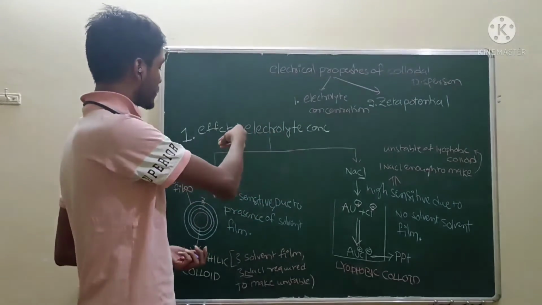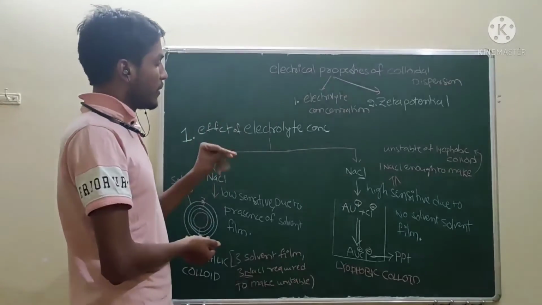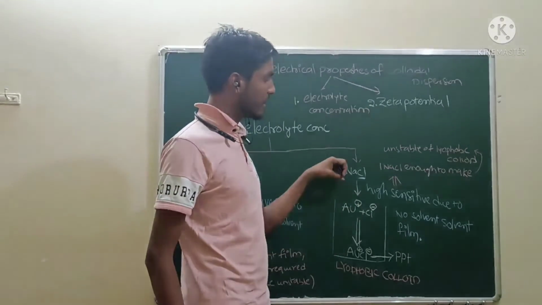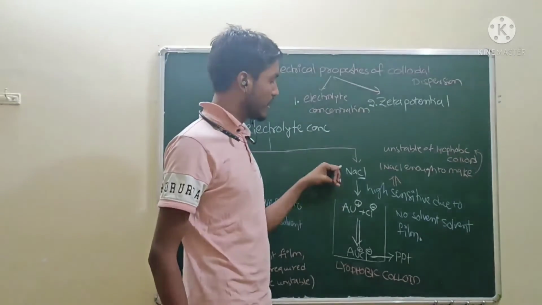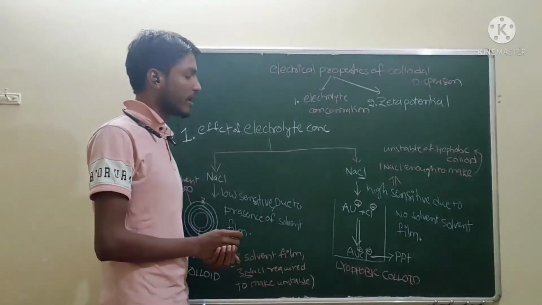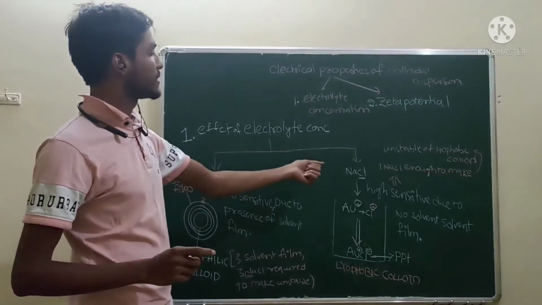The lyophilic colloidal dispersion is stable; only when a high concentration of electrolyte is present will it become unstable. In the case of the lyophobic colloidal dispersion, a little amount of electrolyte will cause instability. Why are we discussing this?